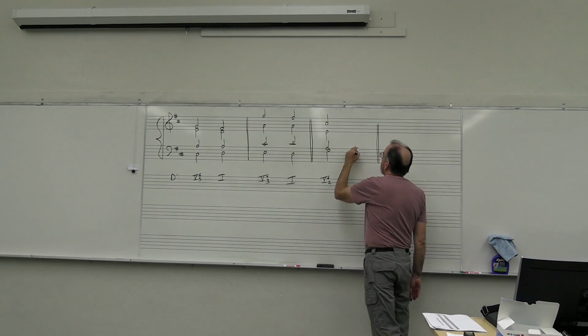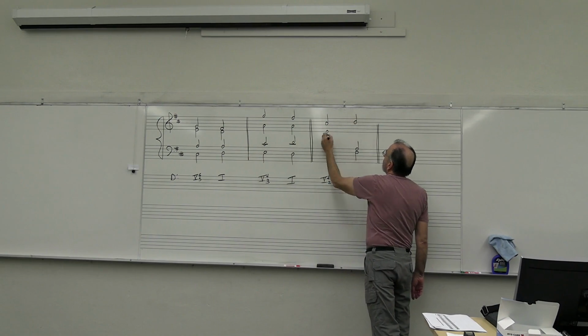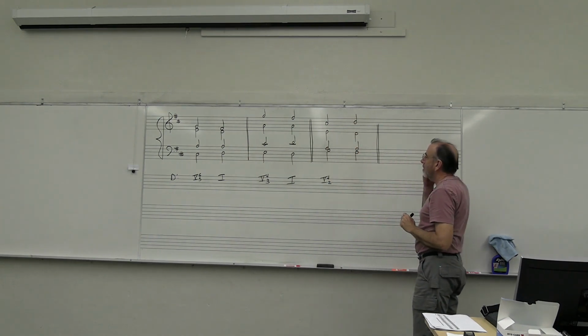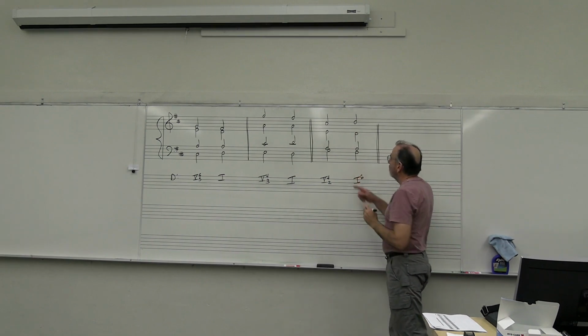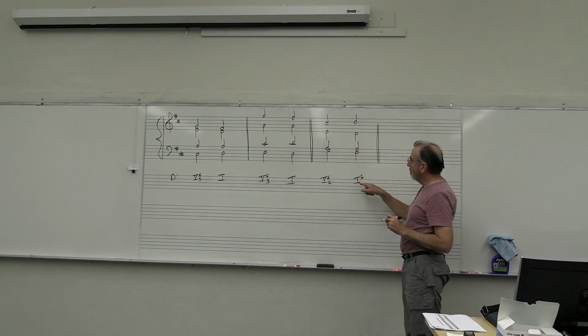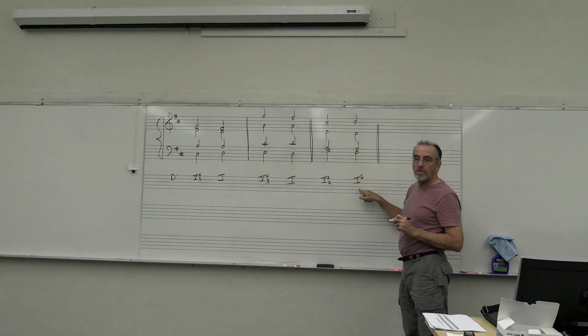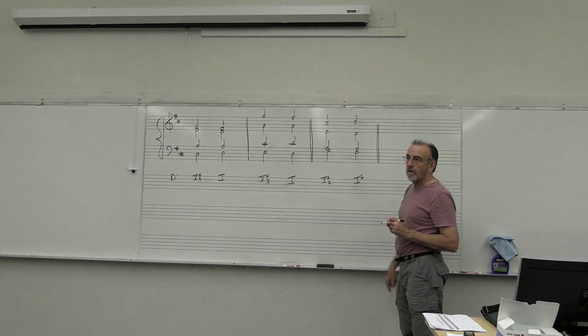Let's say I resolve the leading tone up to tonic, and I'm going to take that down by step. And in this case, because the 7th is in the bass, the 5/4/2 is going to resolve to a 1/6, a first inversion 1 chord, because the 7th of the chord is going to resolve down by step to the 3rd of the chord, and that's going to give me a first inversion triad.